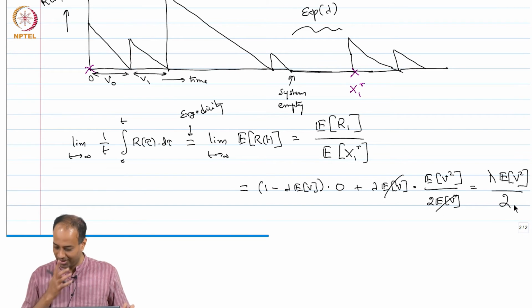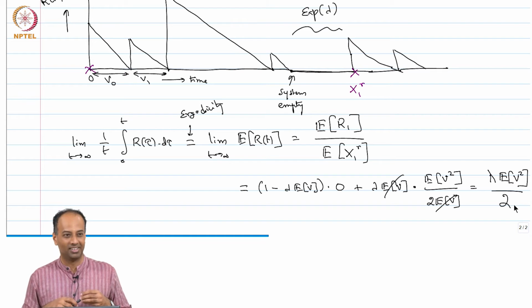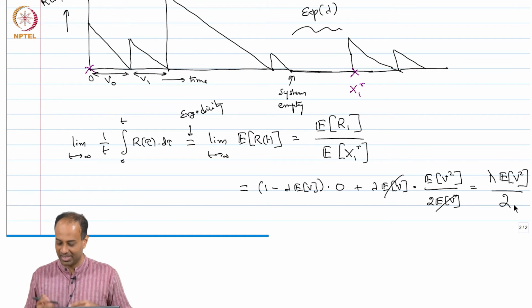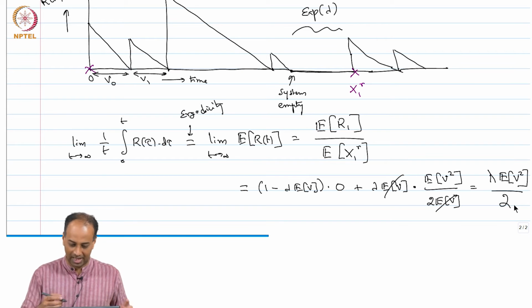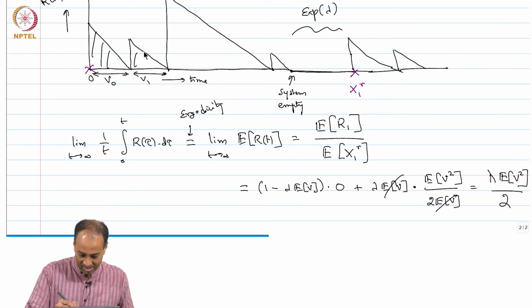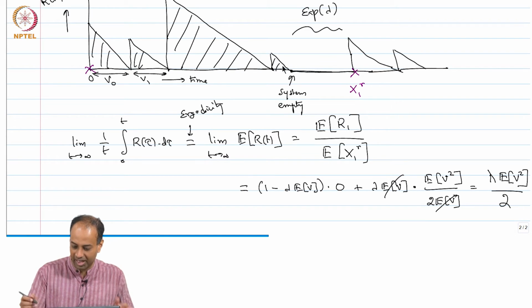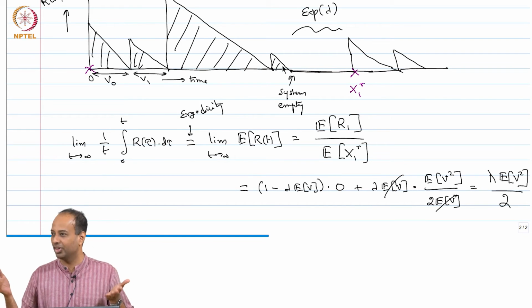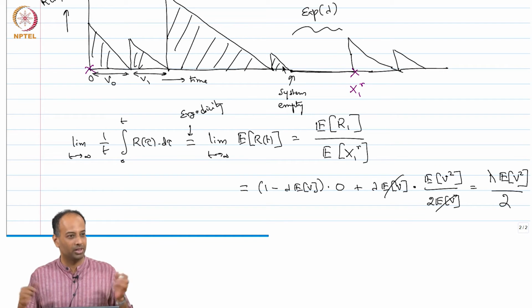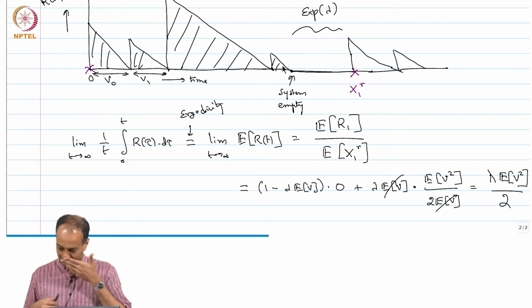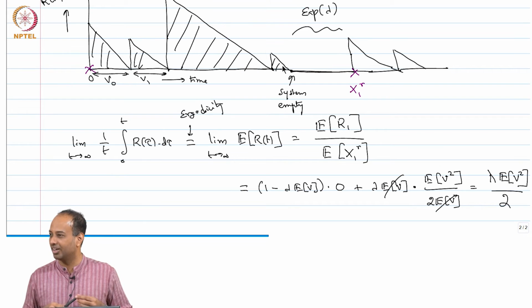I have made this intuitive calculation, but you can check that this answer comes out even if you just calculate the sum of all these areas, the expected reward over a renewal interval, and divide by expected X 1 R. We know the busy period durations, correct. You can please verify this.